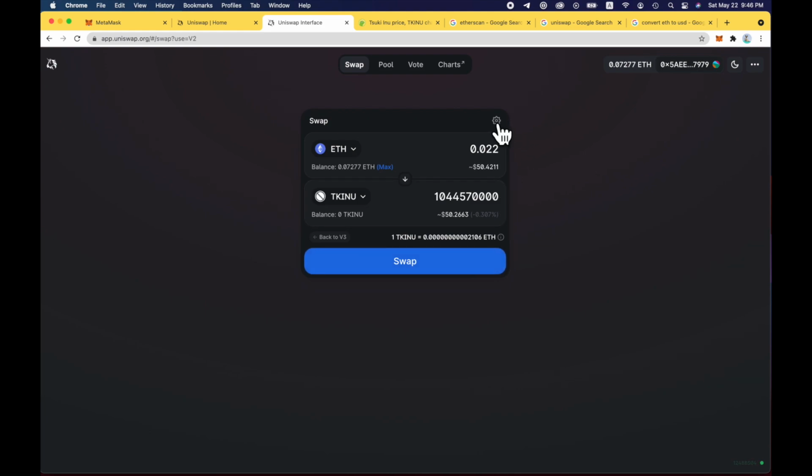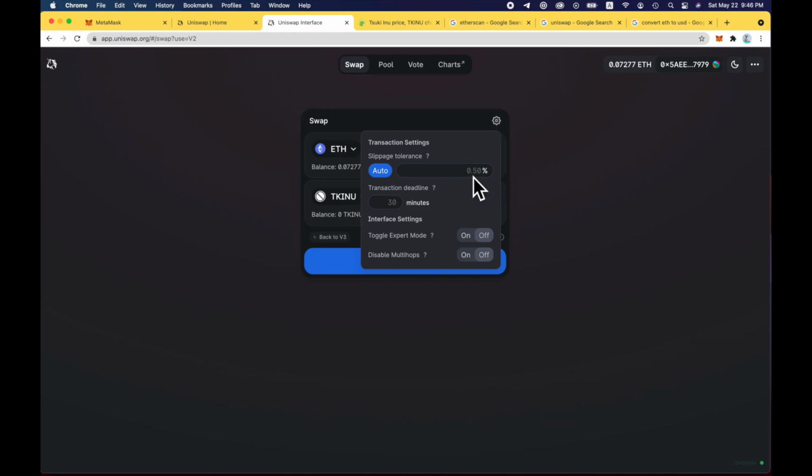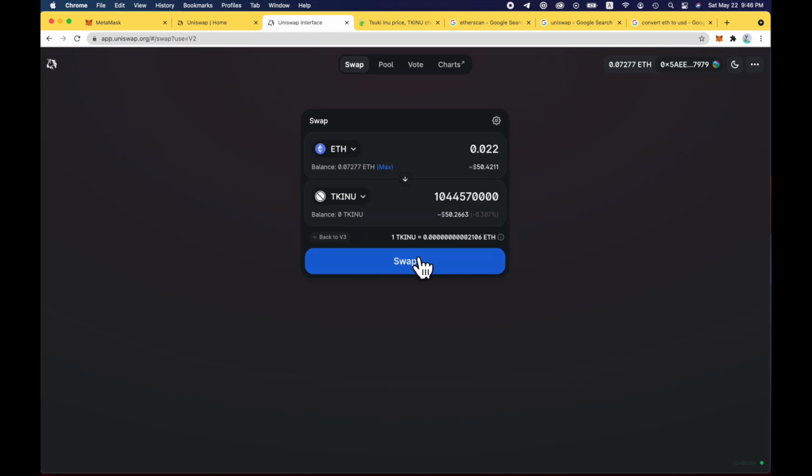So in that case, you're just going to go up to this gear icon, and you're going to slowly increase from 0.5% to 1%, to 1.5%, to 2%, to 3%, and just keep trying different intervals and then going back and trying to swap it out. And if you keep getting that error message, you can either wait it out, try trading at another time, or keep increasing your slippage. So let's try this out.